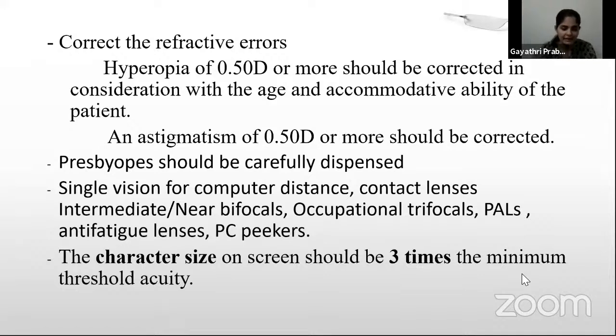When I increase the character size, I'm reducing the strain on my eyes. I don't have to squint my eyes to view the characters on the desktop.